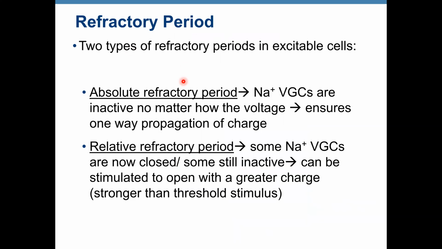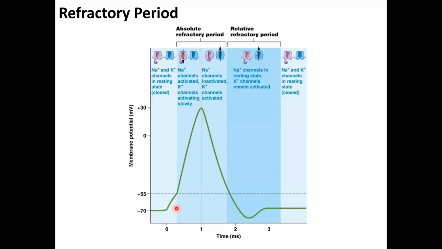Right, so let's read over here. Absolute refractory period: sodium VGC are inactive no matter what the voltage is. This ensures one-way propagation of charge. So sodium voltage-gated channels are inactive and nothing can excite a cell. Relative refractory period: some sodium VGC are now closed and some are still inactive. And when they are closed, they can be stimulated again.